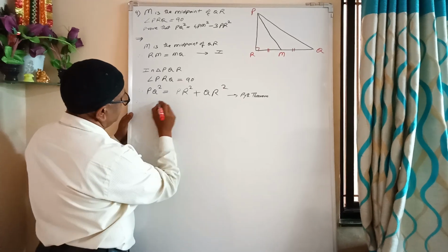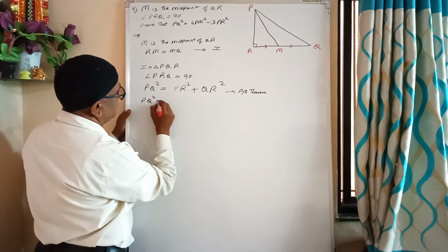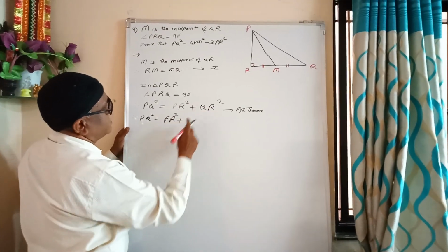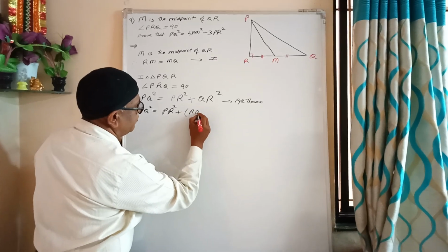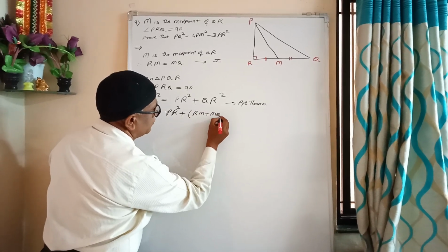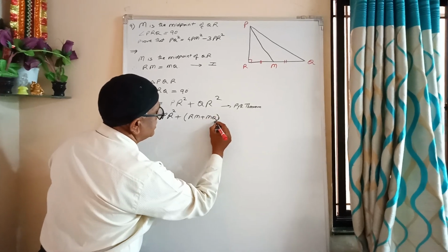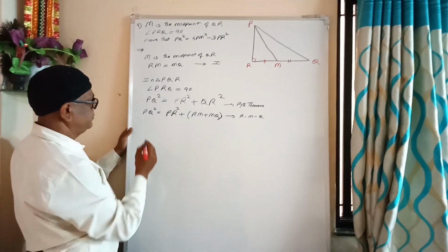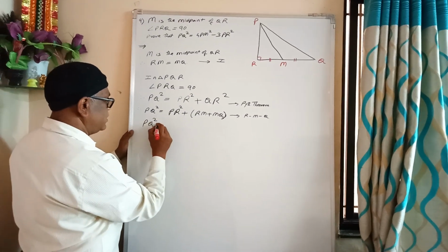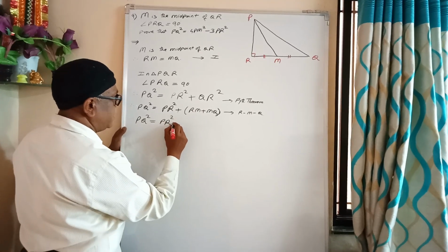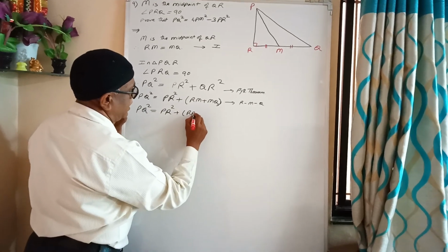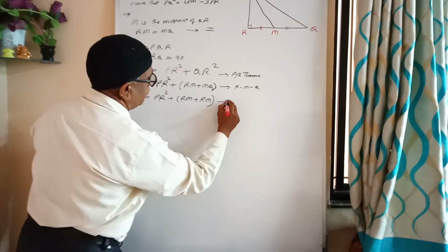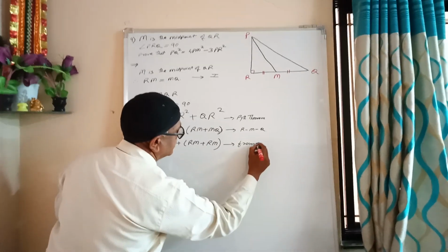Now PQ square is equal to PR square plus QR, which is nothing but RM plus MQ. PQ square is equal to PR square plus RM plus RM, from 1.